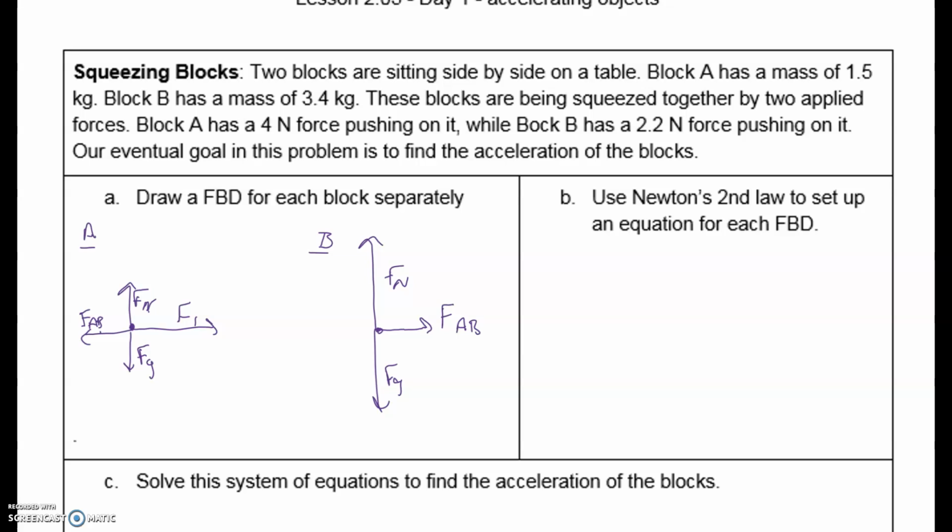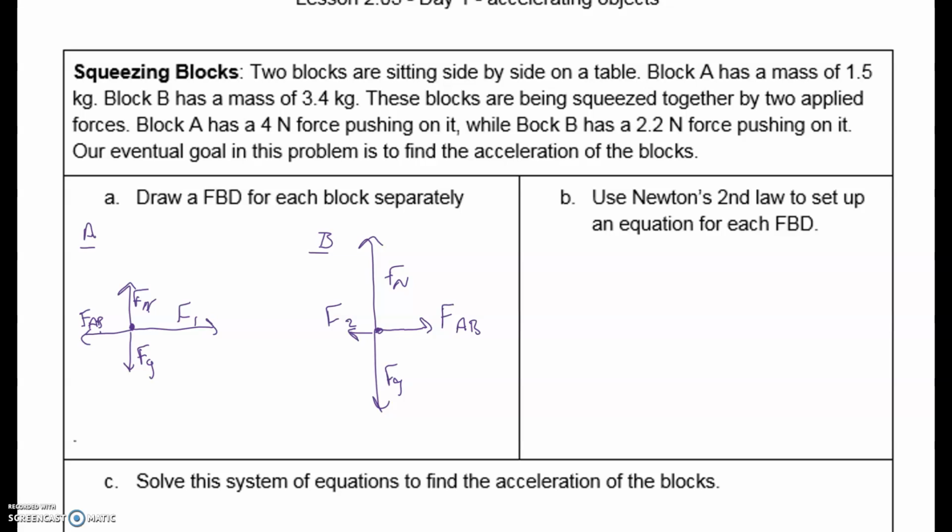Since I know these two objects have the same acceleration, and like we predicted, acceleration is rightward, I'm going to draw this a little shorter. And that is force 2. So here we have a free body diagram. If we didn't go through the step of predicting the direction of the acceleration, that's okay. The relative sizes of the vectors don't matter too much for the time being, but I decided to do that because it'd be a little more useful.